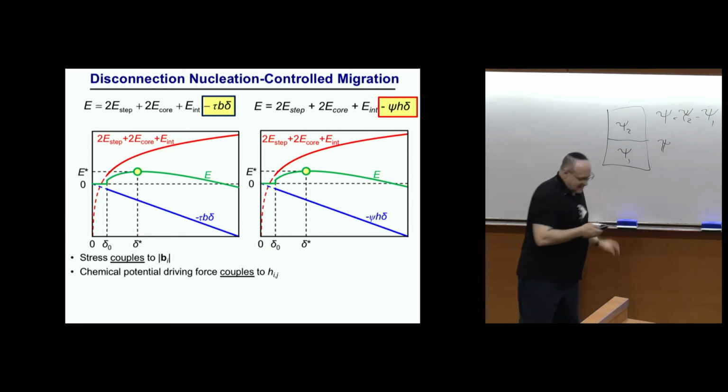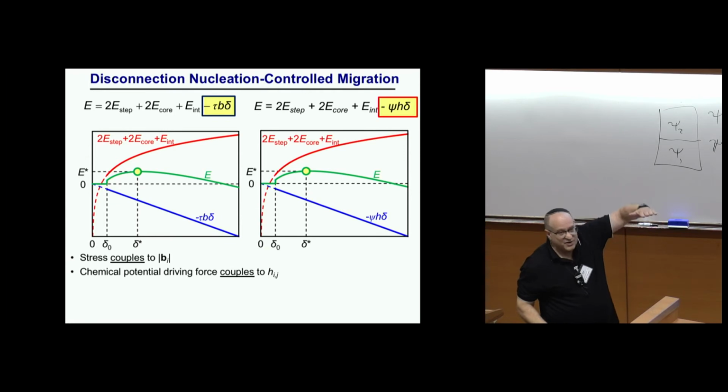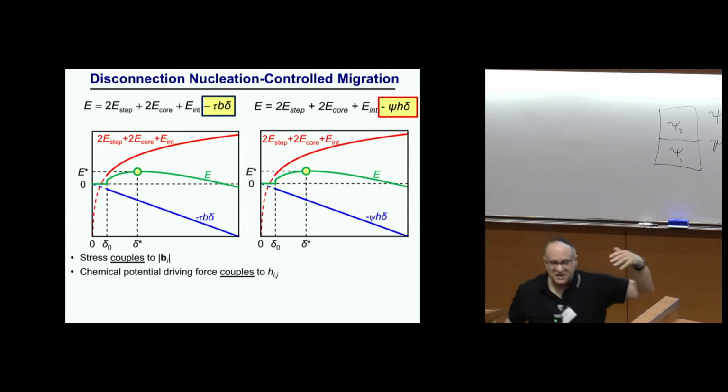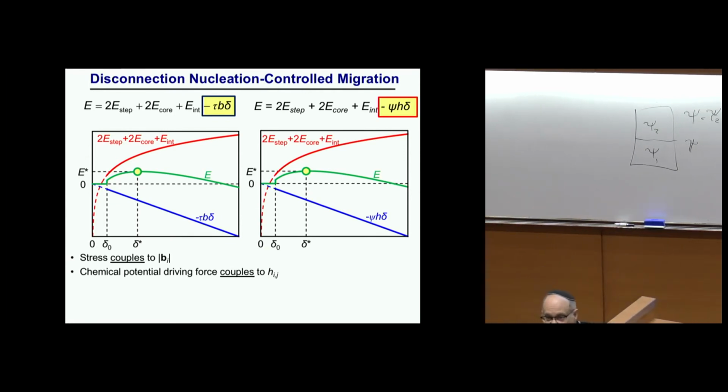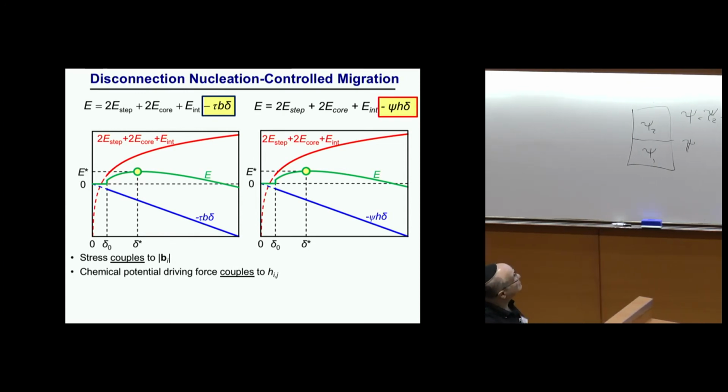And I can add that by various ways, but the point is, as the grain boundary moves, I'm converting some of material 2 into material 1. Since they have different energies or different chemical potentials, then I get a contribution of the energy which is proportional to the step height and how far the steps have moved. Okay? So again, you get the same sort of curve here, except the work is being done by the jump in chemical potential psi.